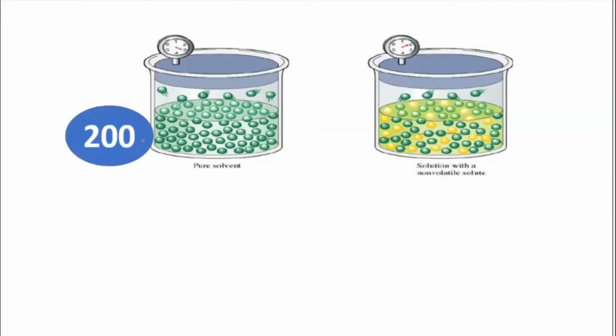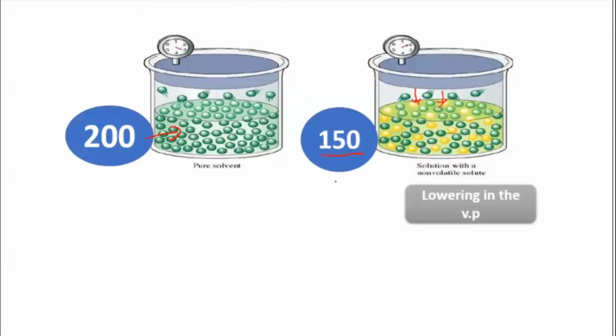Suppose that the vapor pressure exerted by the pure solvent is 200, and the pressure exerted once the solution is formed, I will assume as 150. If you take the difference, how much difference are you getting here? 200 minus 150. Yes, 50 you are getting, correct? That 50 difference is called the lowering in vapor pressure.